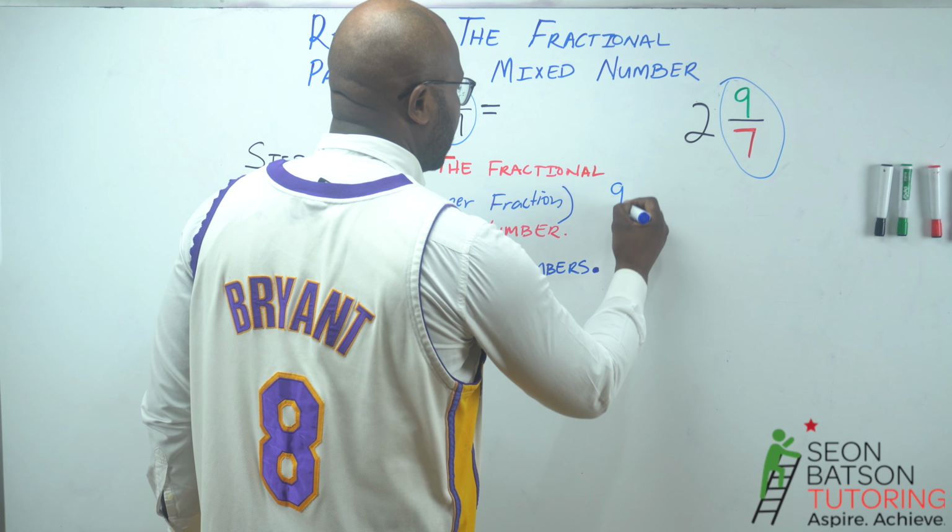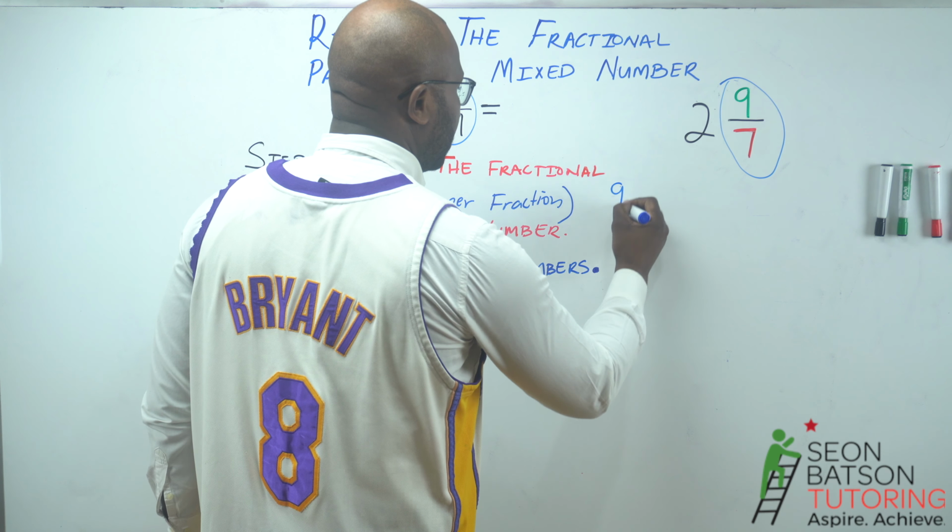For long division, we will divide first, then multiply, then subtract, and bring down if necessary. So 7 goes into 9 one time. We multiply. 7 times 1 is 7. Then we subtract. We get 2. We are done because we have no more numbers to bring down.